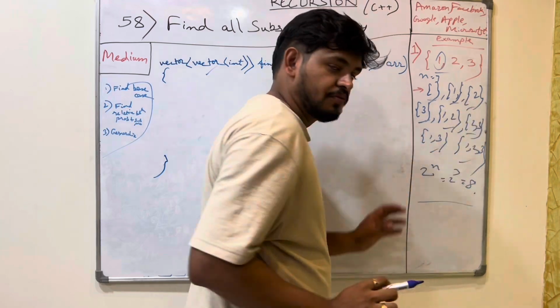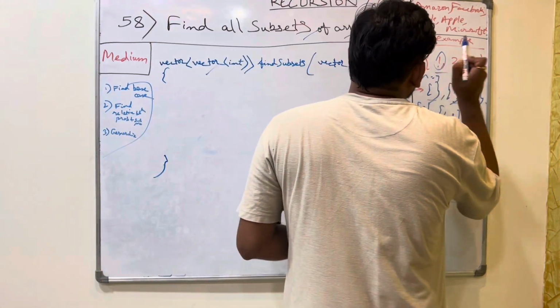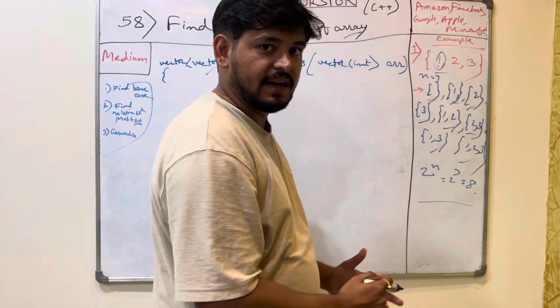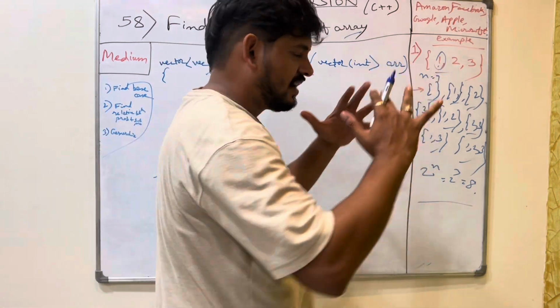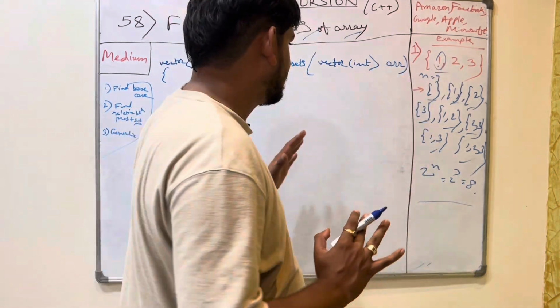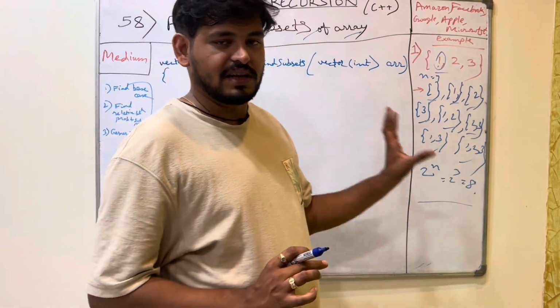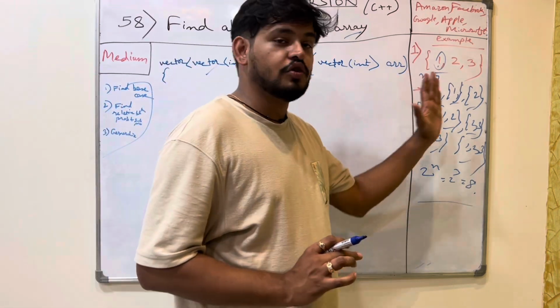So each subset should be a vector, right? We'll have a vector and decide whether we take this element or not. If we take it, we can move forward and decide whether we take the next one or not. So we'll have that 3 stack space. Please watch my previous video if you have any doubt about recursion. I explained recursion in detail there, so I'll discuss the solution here directly.